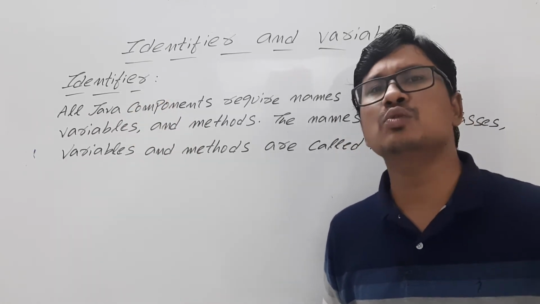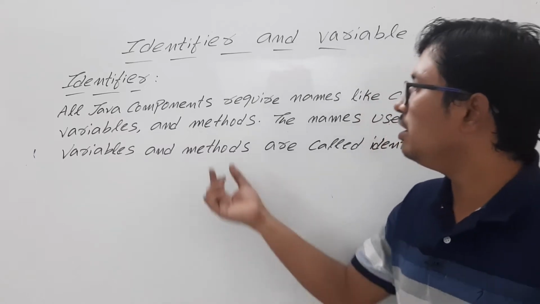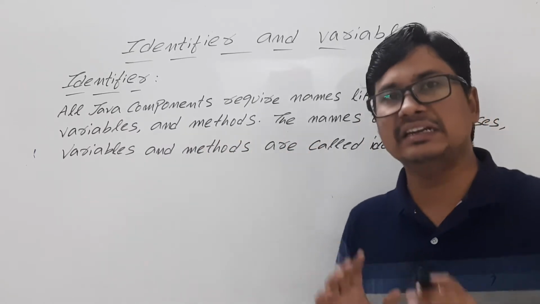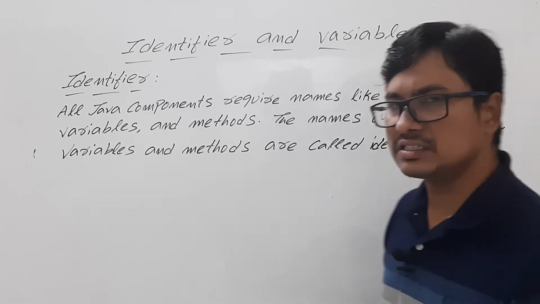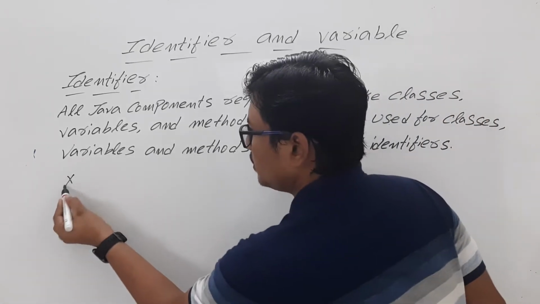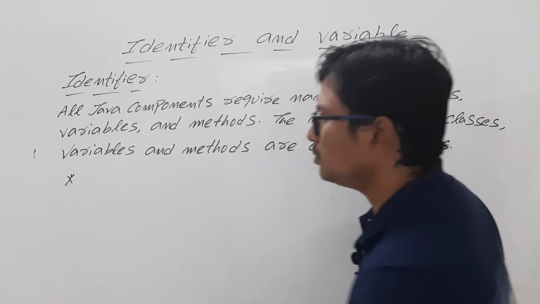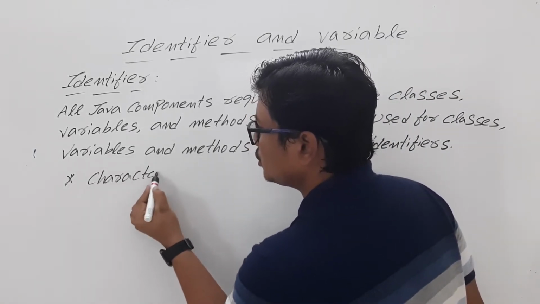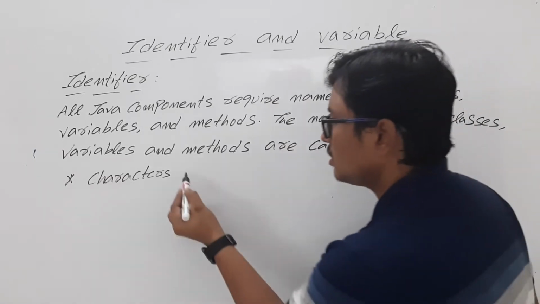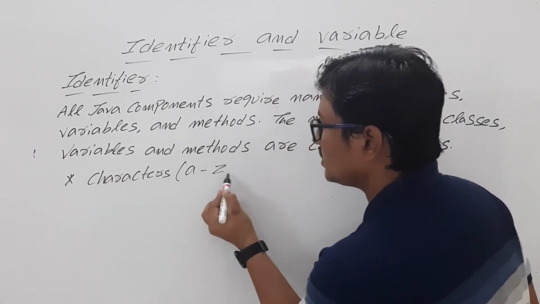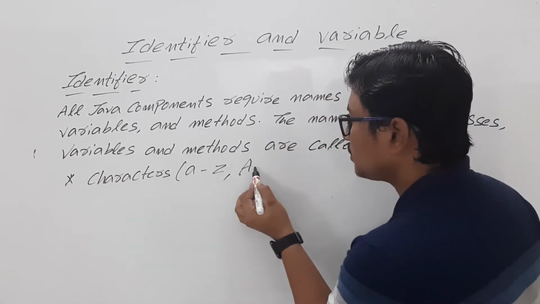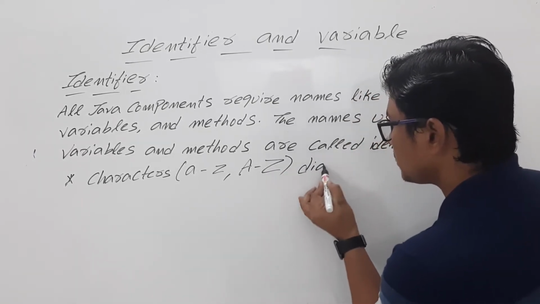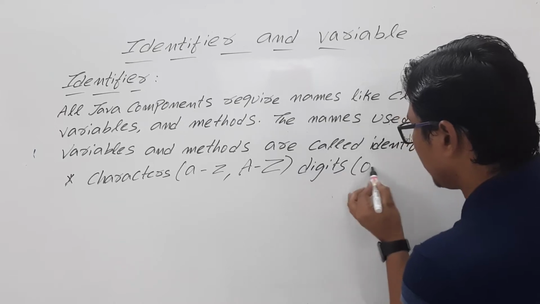Now let me discuss what are the rules you need to follow for giving names for classes, variables and methods. The first thing is that you should use characters: small a to small z, capital A to capital Z, and digits 0 to 9.